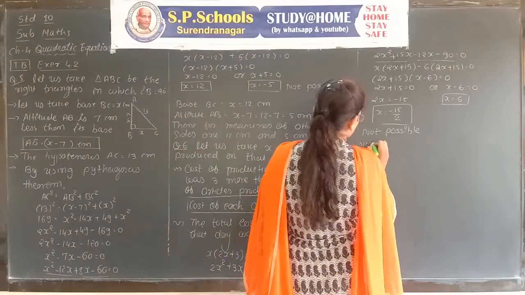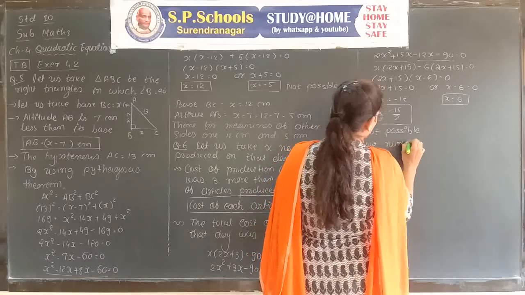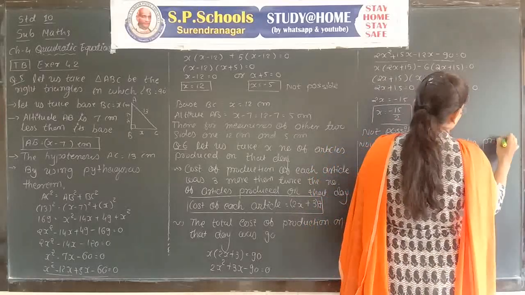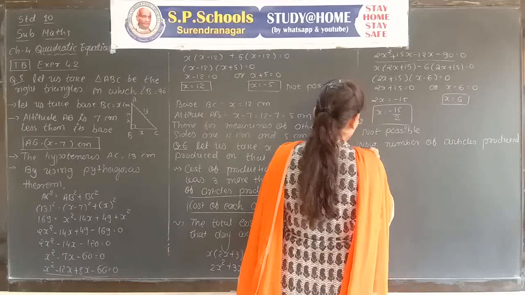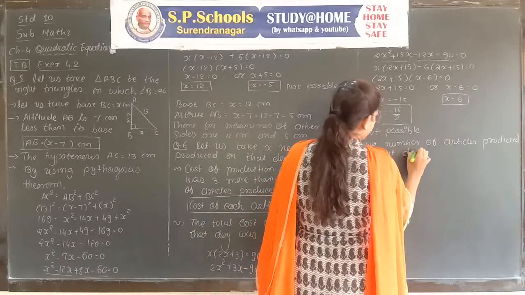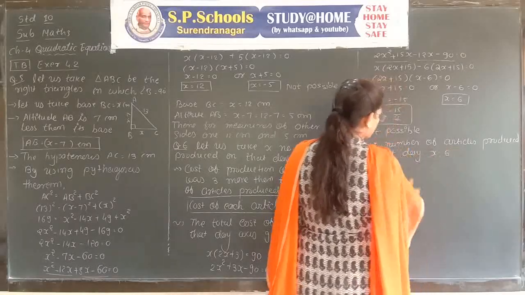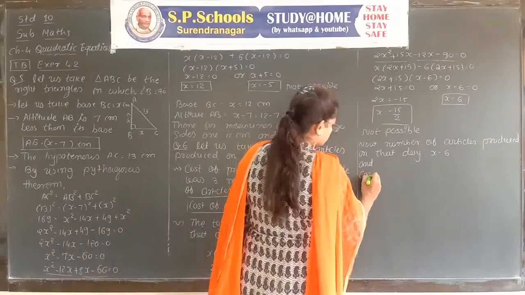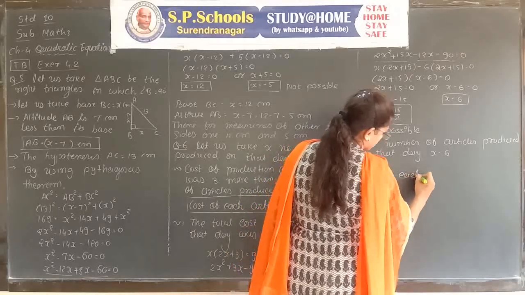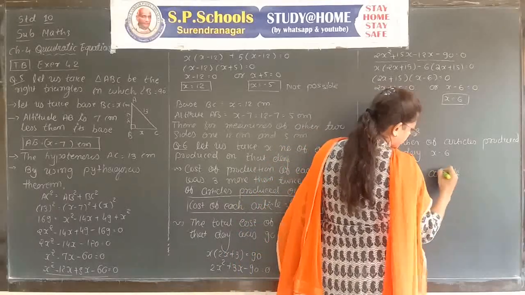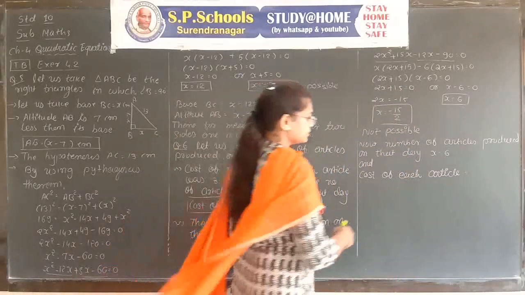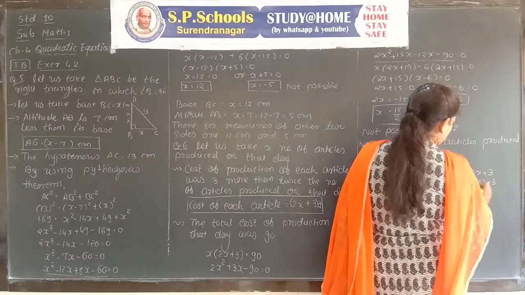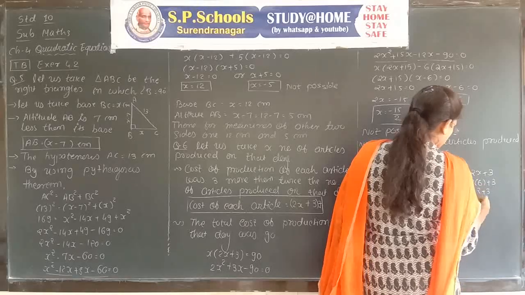Now the number of articles produced on that day is equal to x, which is 6, and the cost of each article is equal to 2x plus 3. 2 into x, which is 6, plus 3. 12 plus 3, which is 15 rupees.